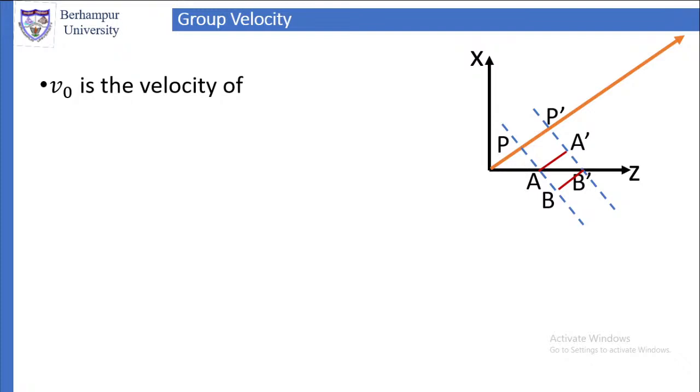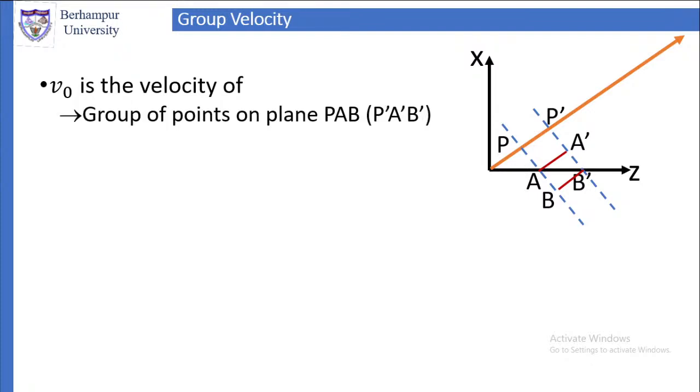So V0 is the velocity of the group of points on the plane PAB or P dash A dash B dash, or if you keep on moving on all those points.